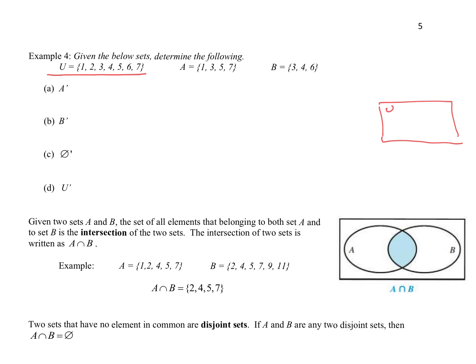Here's my U, and inside of my U lives A and B, and they may or may not overlap. I don't know. They do overlap. They have a 3 in common. So just keep that in mind. So it says not A. A prime means not A. If I look at A, I have 1, 3, 5, 7.